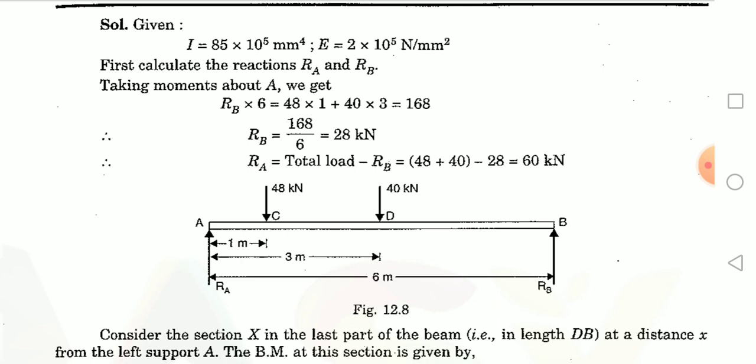So then we can get RB equal to 168 by 6 equal to 28 kilonewton. So RB is 28. Now the total load which acted on the beam is 48 plus 40, that is 88. So 88 minus this 28, so reaction A is 60 kilonewton.